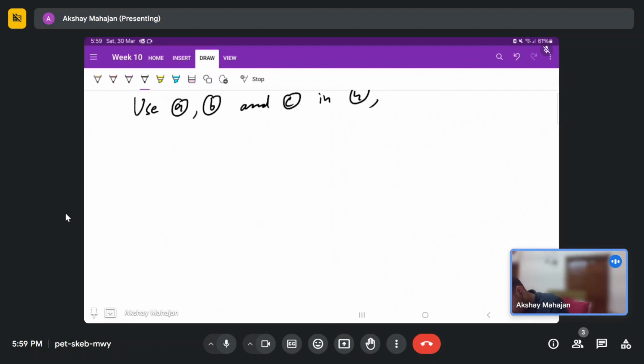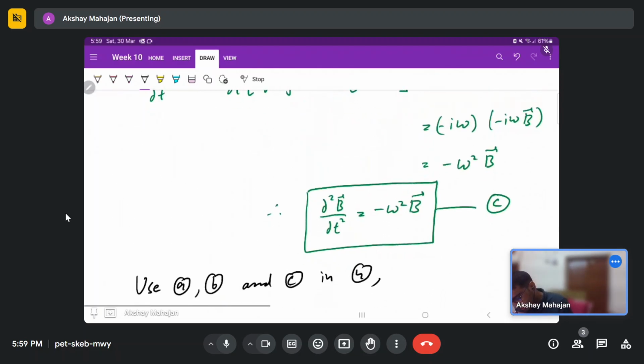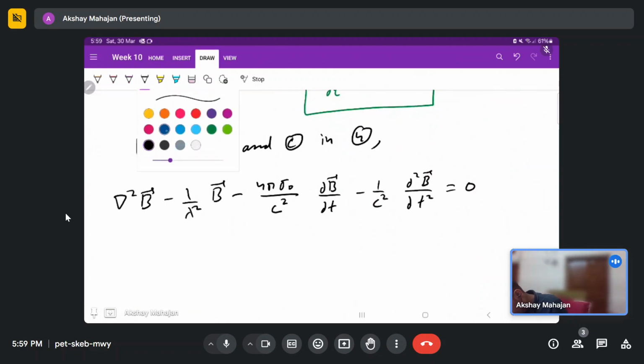Okay, so this is equation number 4: del square b vector minus 1 by lambda square b vector minus 4 pi sigma naught by c square del b vector by del t minus 1 by c square del square b vector by del t square equals 0. Then we have found all these three terms that we need.